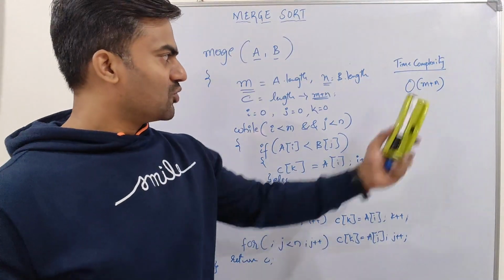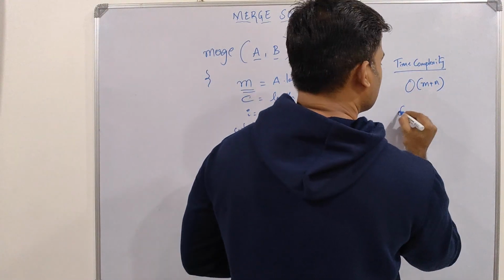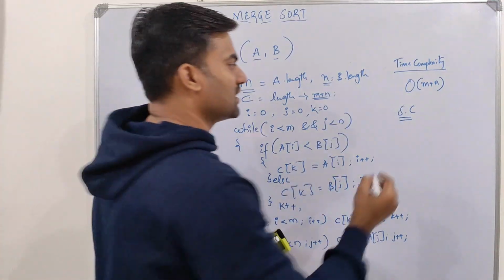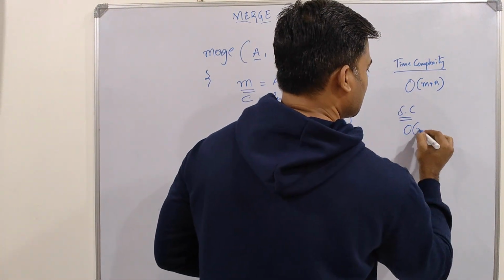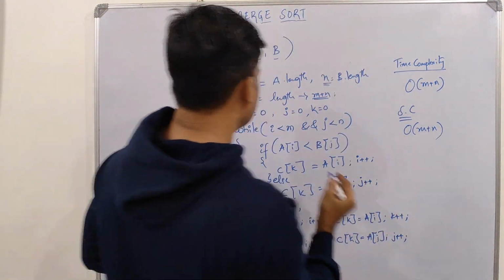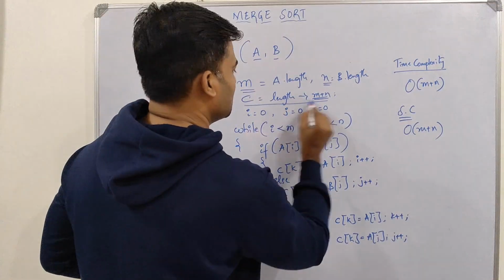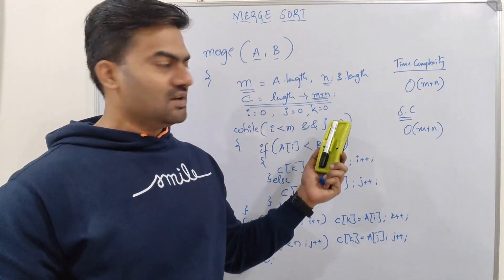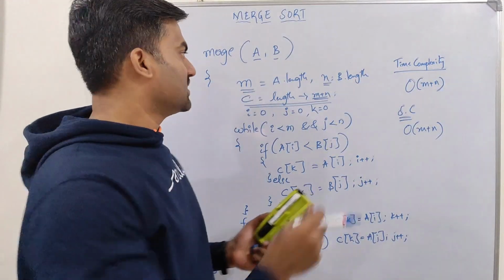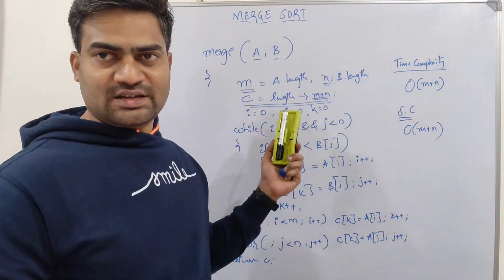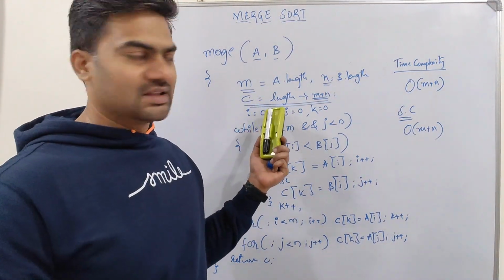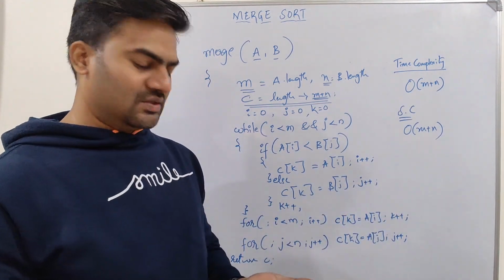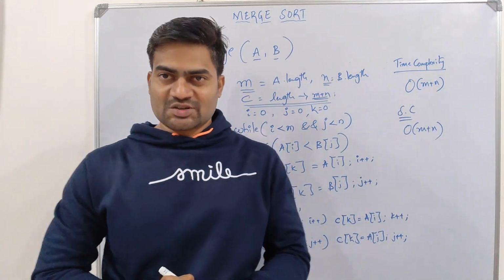Okay, this is the time complexity. What about the space complexity? Space complexity is also of order m plus n, because we are using this particular array which is of length m plus n to place the merged elements. That's why it is of order m plus n. So this is basically the merge procedure.